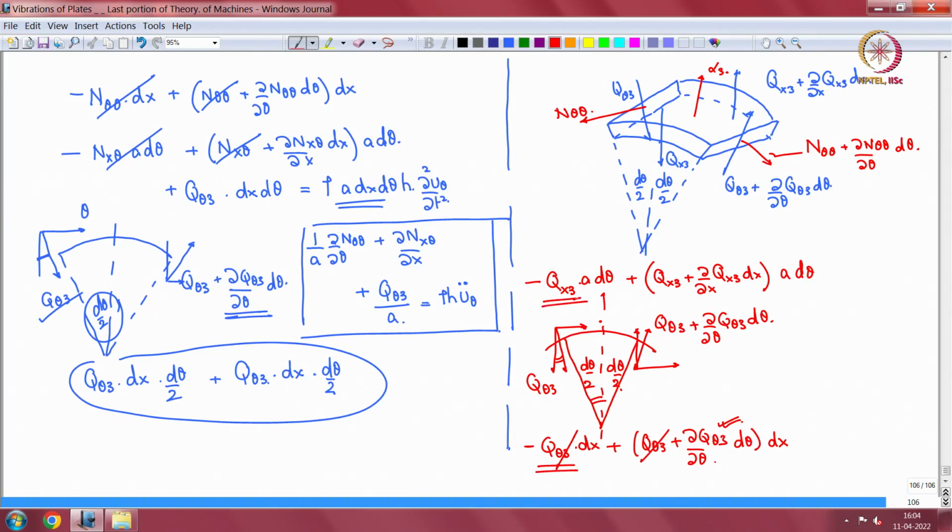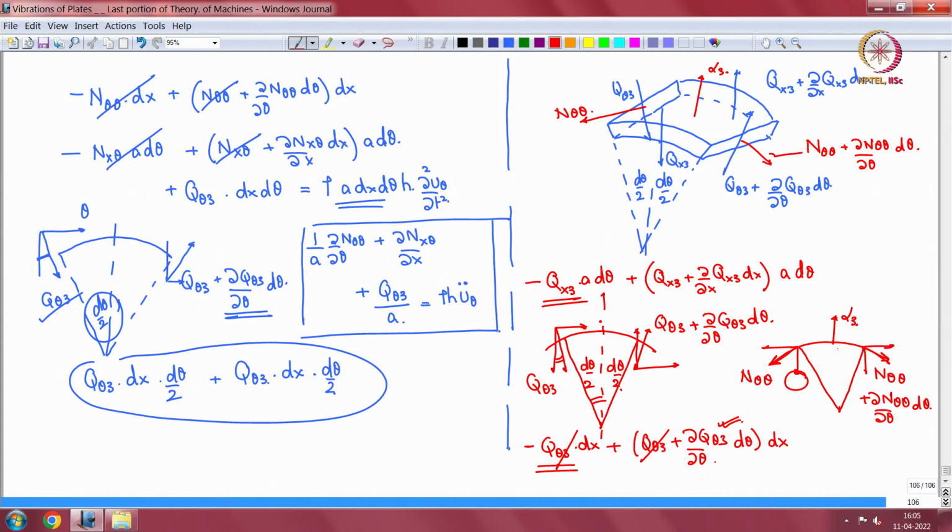Now, one last term is n theta theta. Let me try it out here. If this is the element, n theta theta, n theta theta, n theta theta plus del n theta theta by del theta d theta. Now this has a vertical component, horizontal component, vertical component, horizontal component. The vertical components are now adding. That is my alpha 3, however it is in the negative direction.